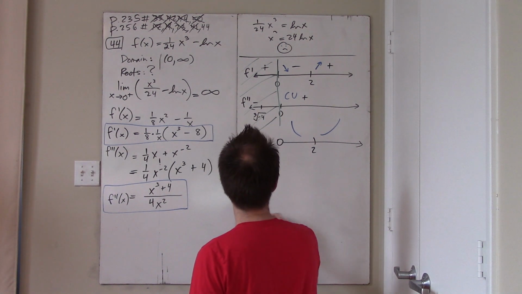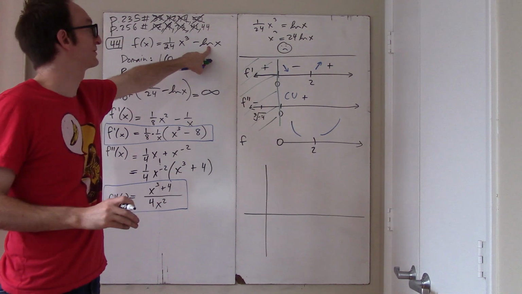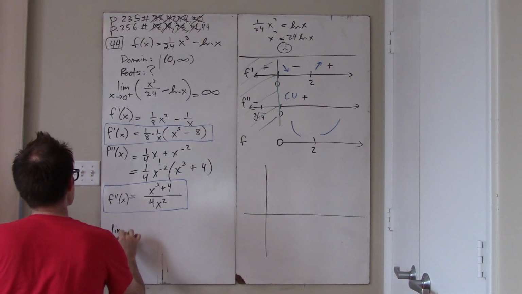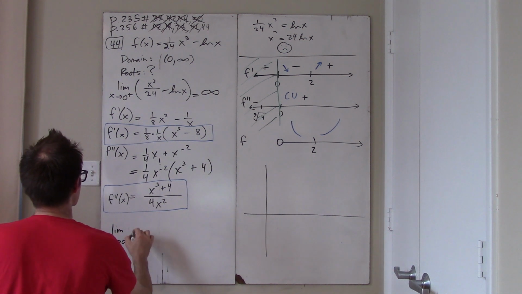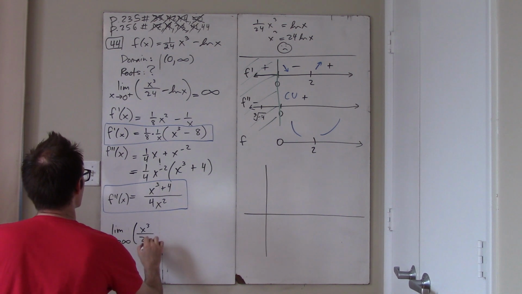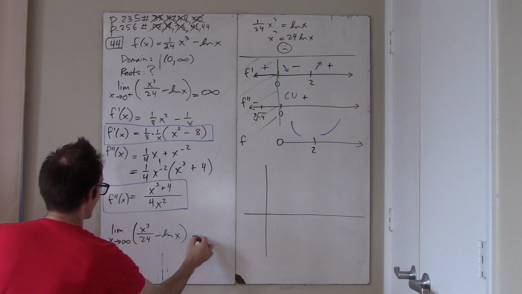So, what do I know? Oh, also, ln grows very, very slowly. So, the limit as x goes to infinity of this function is also going to be infinity because this cubic grows way, way faster than this natural log function.